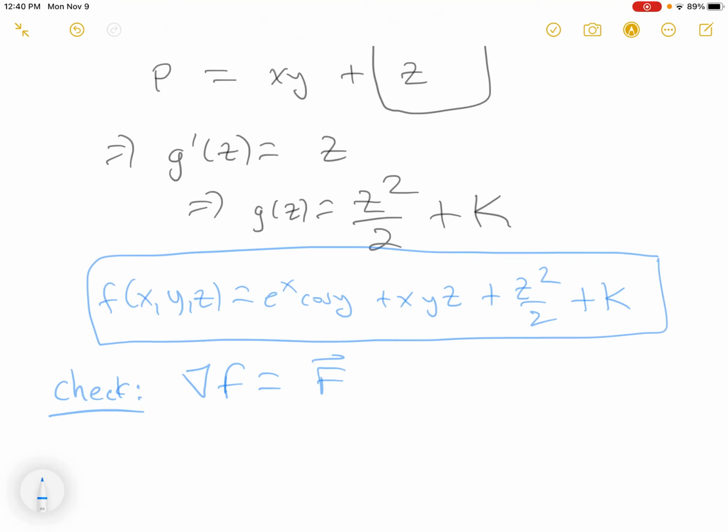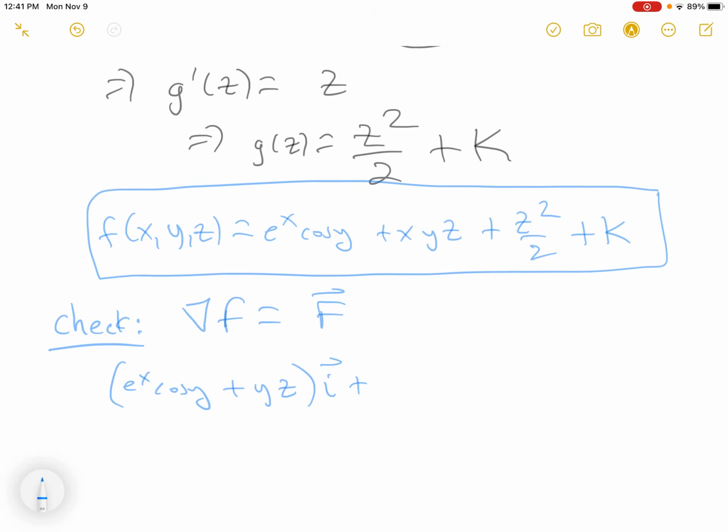All right, let's do this. Let's compute del f. So the first component is e to the x cosine y plus yz i, plus f sub y is minus e to the x sine y plus xz j.